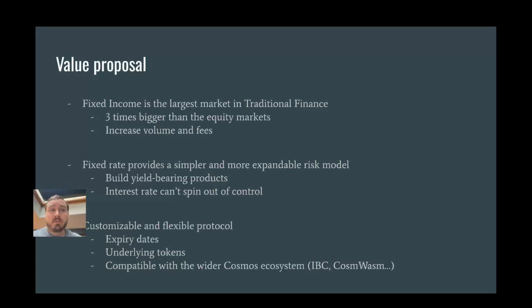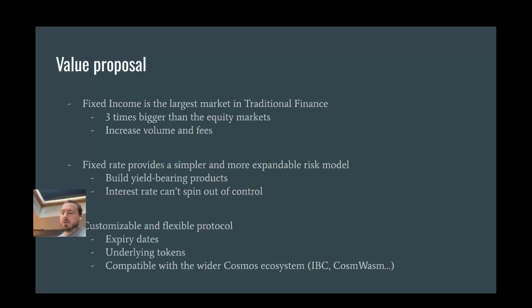In our case, this is not something that happens because you will have a fixed rate when you open your debt position. So this allows for anyone to build simple yield-bearing products on top of YieldNest.